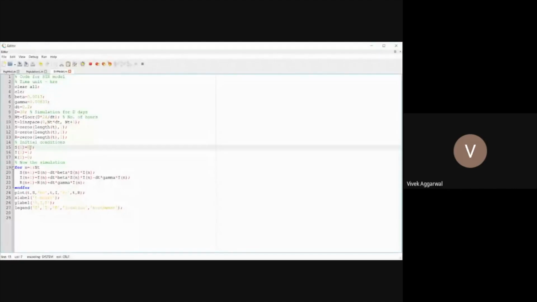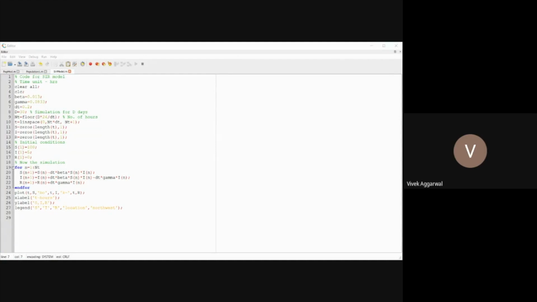Now instead of 50, I will start with 100, and I will start with maybe 5. And this beta, I'm just changing, so I just take 0.3 and 0.8. It's a very big number we are taking, and let's see what is going to happen. So 30 days I'm taking, and DT I'm just taking 0.2. Then I will just save this one and run this code.